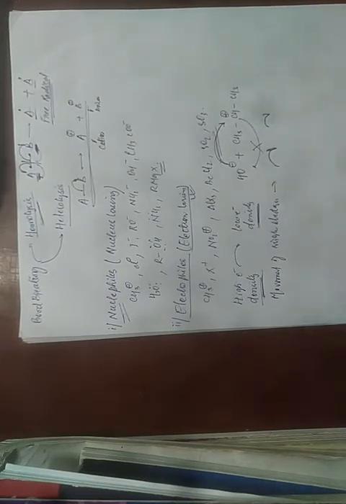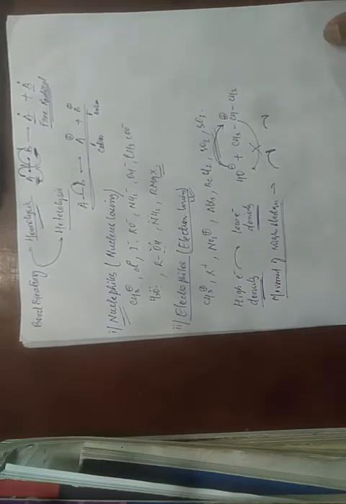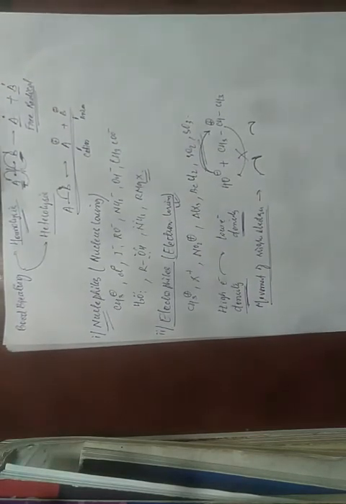So this was all about electron density. Now the last topic is resonance. I hope you have learned resonance in detail in class 11, but I will give you some basic idea, not in detail. Resonance is delocalization of electrons, or we can say pi bond electrons.